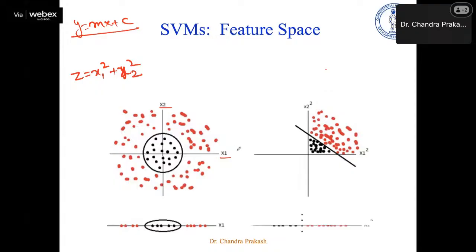So now we can divide this with a single line without actually using complicated maths. So from one dimension, we try to convert it into another dimension phi x so that we can come up with a linear classifier over there. This is the main idea of SVM.